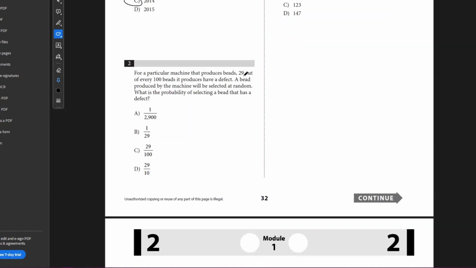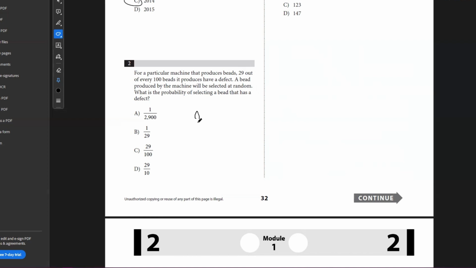For a particular machine that produces beats, 29 out of every 100 beats it produces have a defect. A beat produced by the machine will be selected at random. What is the probability of selecting a beat that has a defect? Nice question.